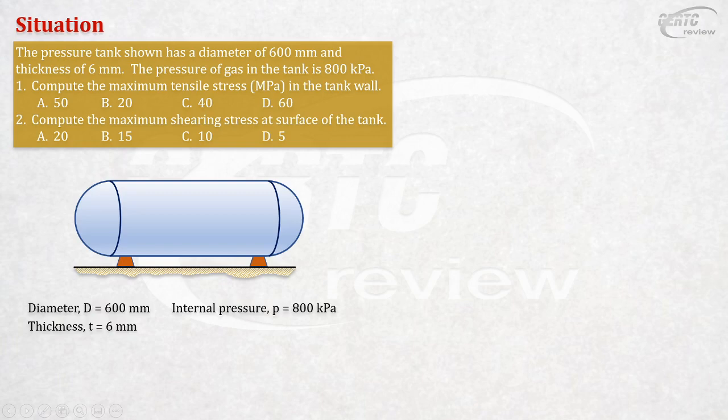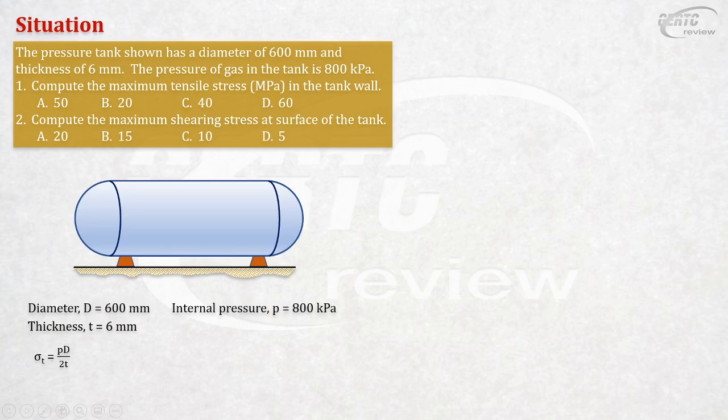Okay, so tangential, that is your tensile stress. The maximum kasi, dalawa kasi yung tangential tsaka longitudinal, no? So, PD over 2T yung maximum. Let's convert the pressure in megapascal para maging consistent tayo. By the way, in this formula, bantayan nyo lang na yung D tsaka T natin parehas ng unit. So, kung ano yung unit ng P mo dito, yun na rin yung unit for your sigma. Alright?